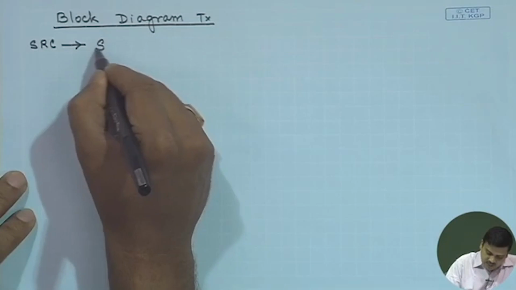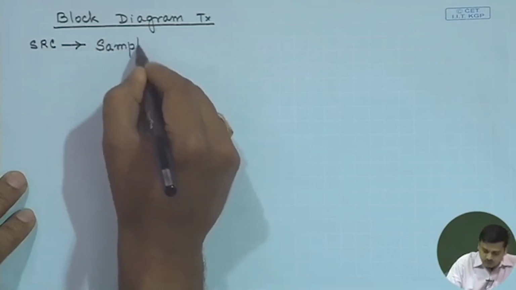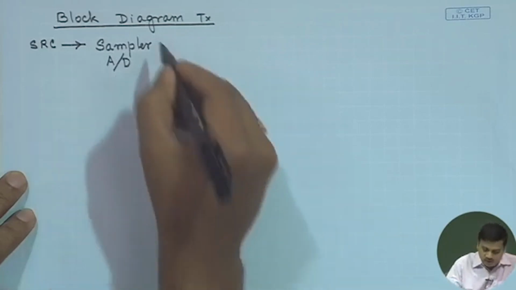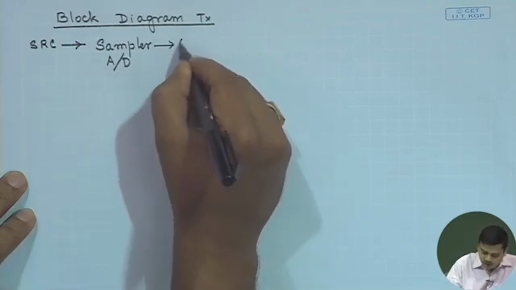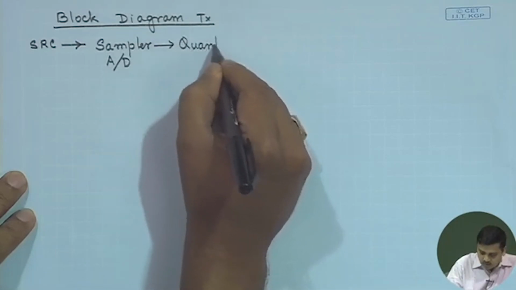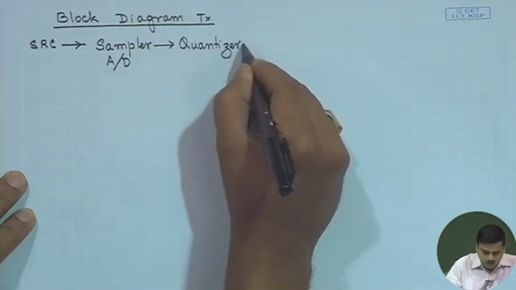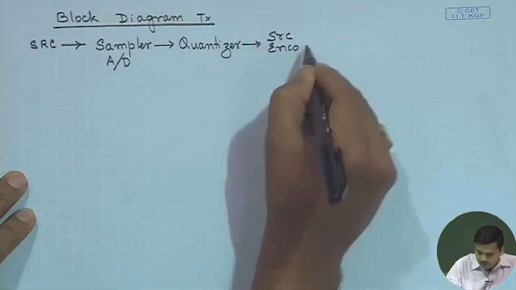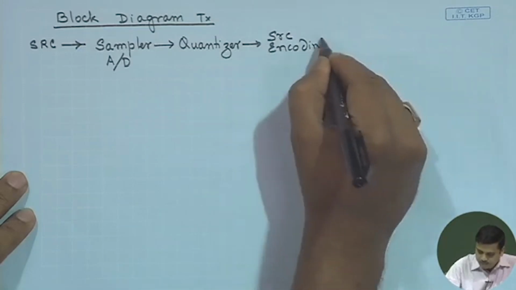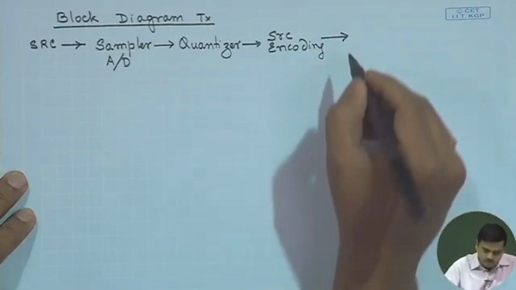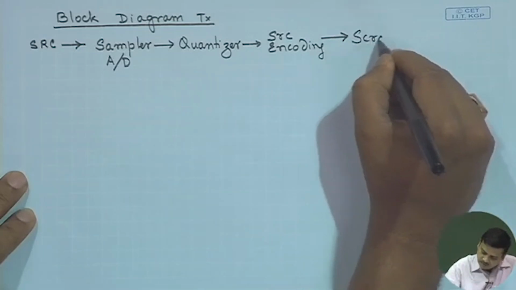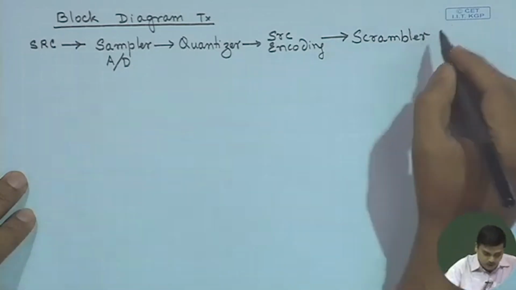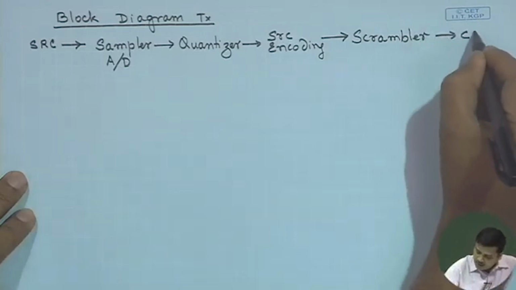Then you have the sampler, or the analog to digital converter, followed by the quantizer, which is followed by the source encoding, which is followed by a scrambler, followed by a CRC.